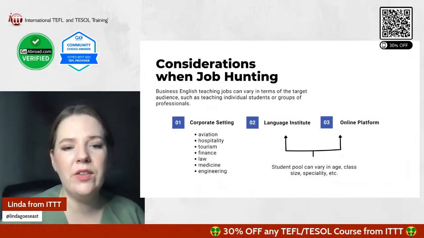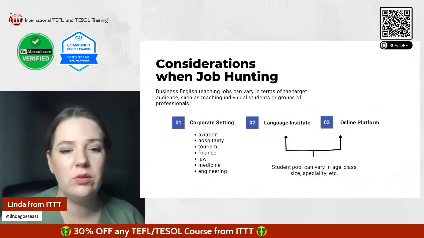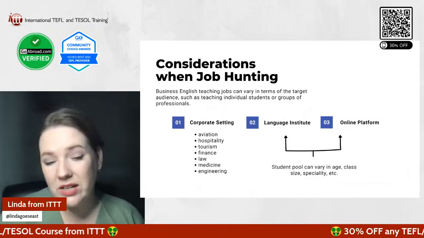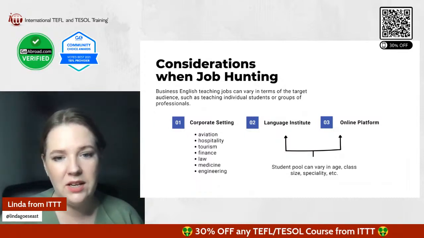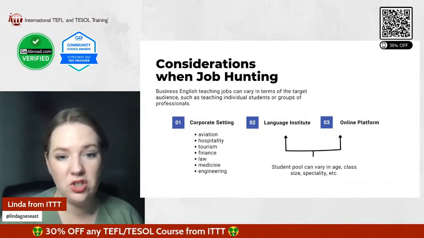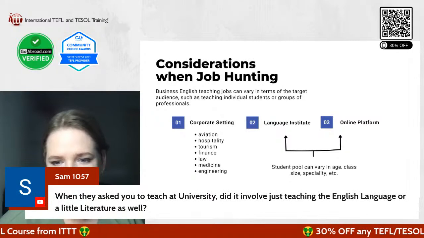And also with the corporate setting, most of the time you will also be asked to do other things, not only teach business English, but maybe also interpret, do translation work, interpreting work, depending on if you speak other languages and things like that. So this can also be part of your job, not only teaching.